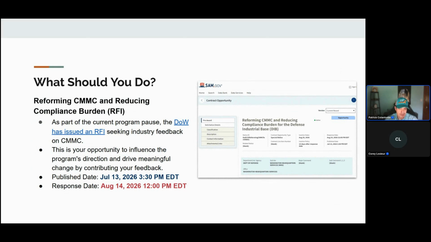This seems to be a closed loop, unfortunately, so you can't see what people are submitting. But this is the official means to either champion or disparage or add any feedback that you have about the process in the past, in the present, or the future.